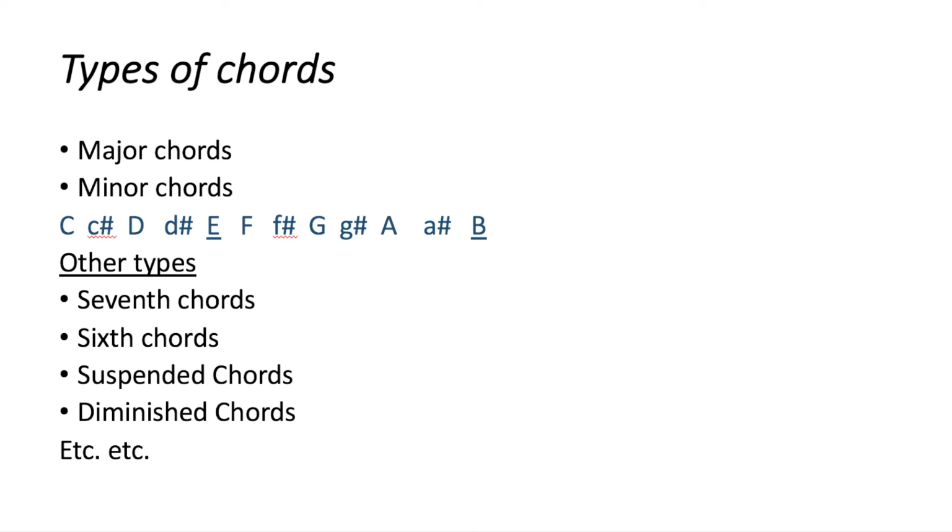So, the different types of chords. When I say different types, it's not C sharp, D. There are only 12 notes, so you can have 12 chords, but there are different variations among those chords. The different types of chords are major chords, minor chords, 7th, 6th, suspended and diminished. We'll be looking into the major chords today, specifically the open chord position.